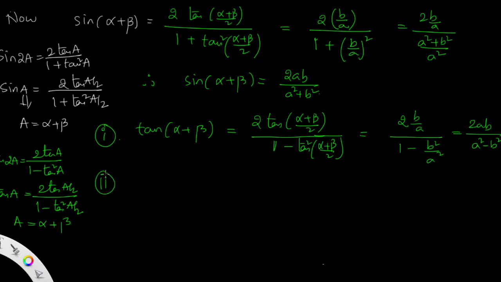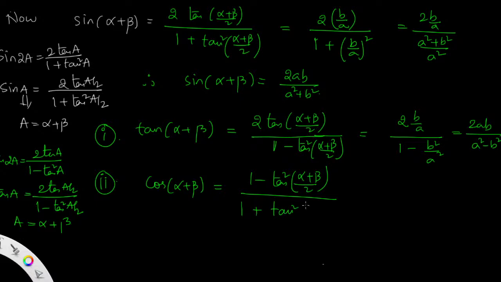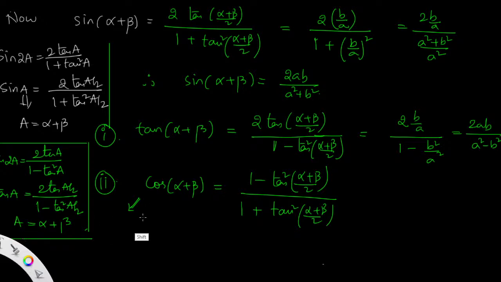And the second question asks for cos of alpha plus beta. Cos of alpha plus beta is 1 minus tan square (a/2) by 1 plus tan square of (alpha plus beta)/2. Why? Because this is in the form of cos 2a, and this formula can be applied here.